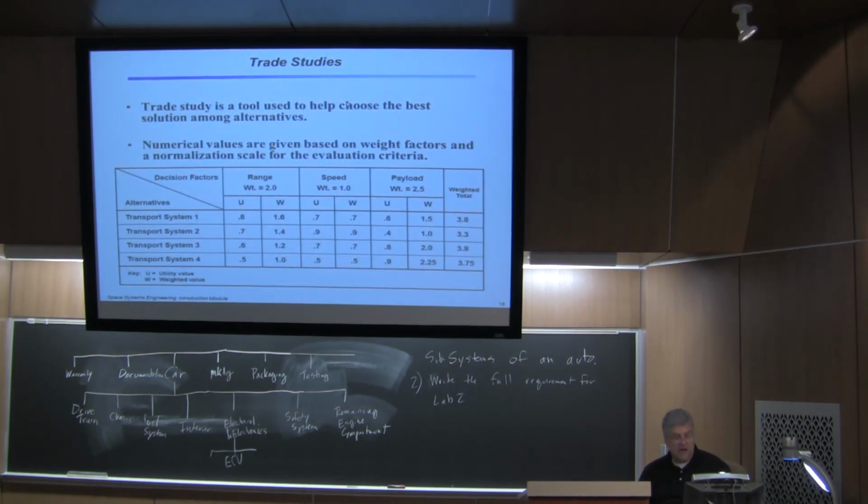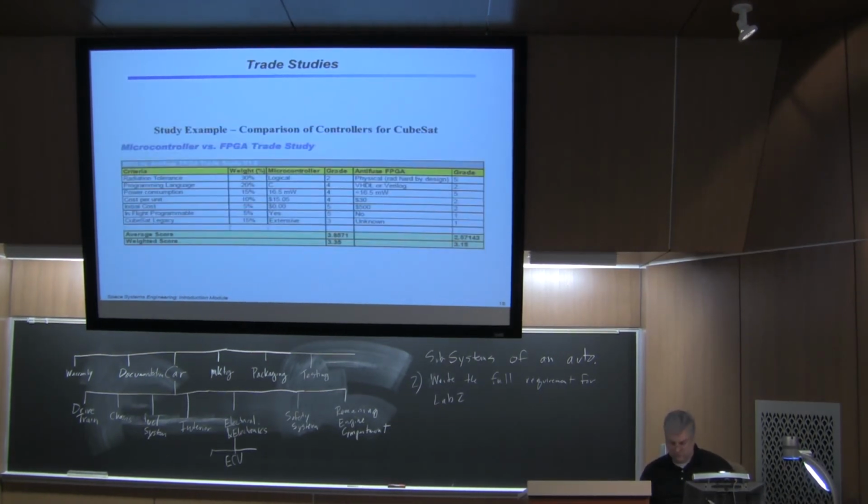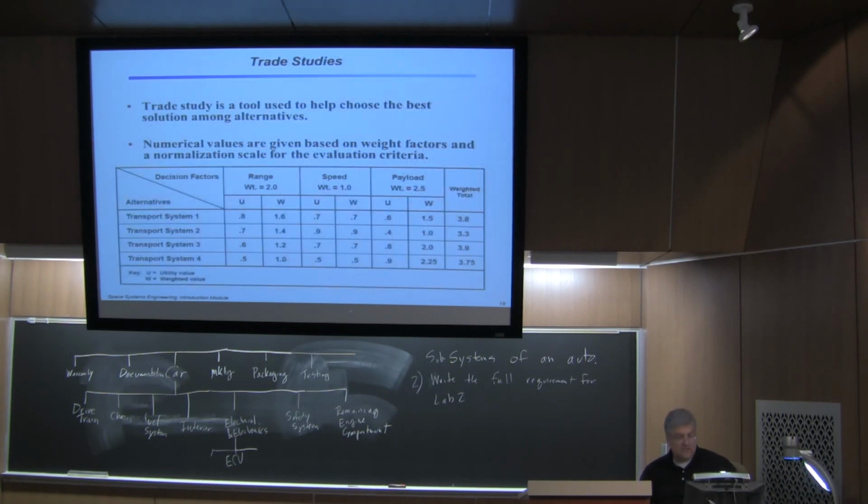That's just an example. Several of you have done this in senior design, where you look at the different options that you have to design. You'll do a study, a decision factor.